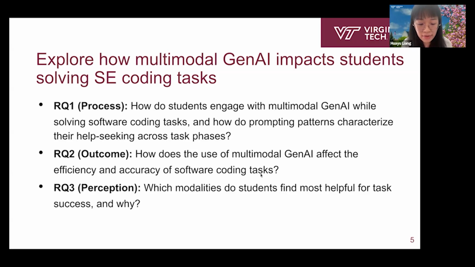RQ2: to investigate whether multimodal interaction can improve task accuracy and efficiency compared to monomodal interaction. RQ3: to explore how students perceive and prefer different modalities across software engineering tasks.